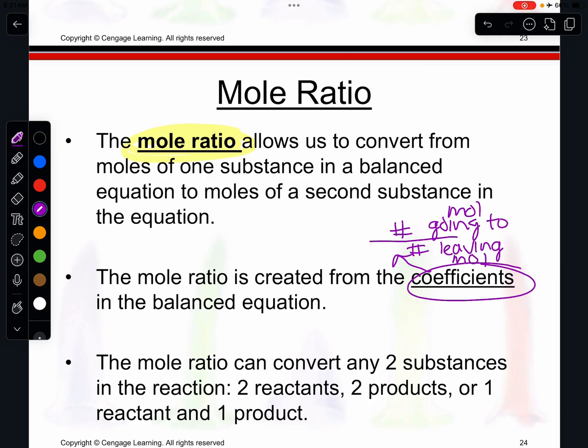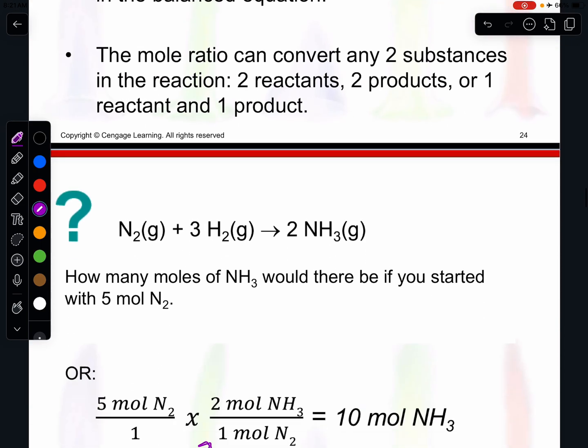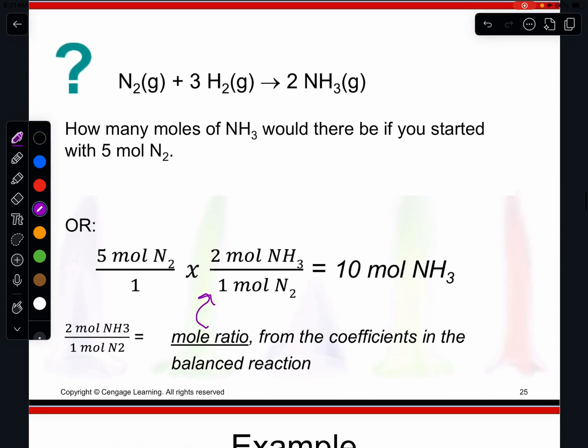We call this a mole-to-mole ratio, and the units are moles because we can use the balanced coefficients to create relationships between everything in there. So we always have to use a mole ratio if you are going from one thing to another in an equation, and you have to be in moles to utilize this.